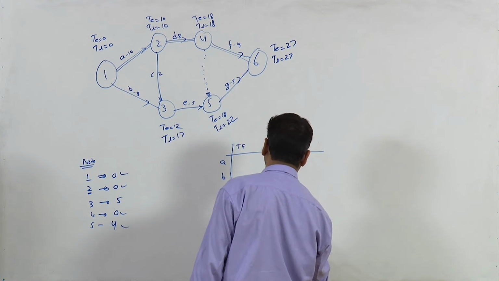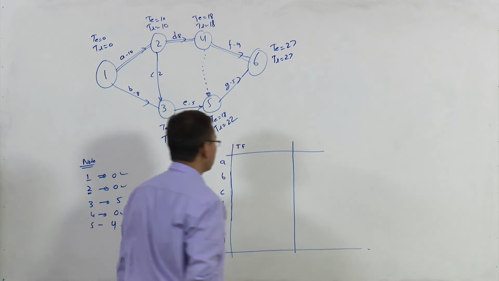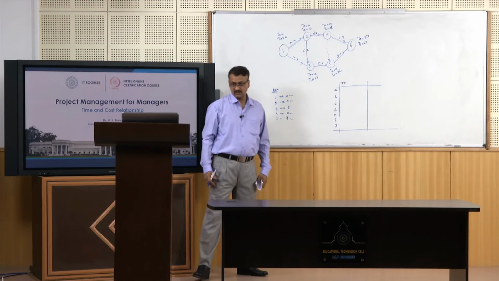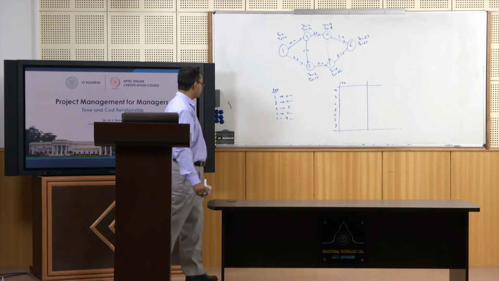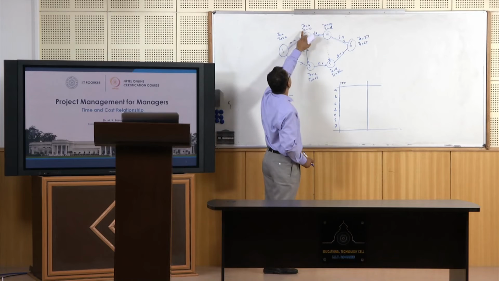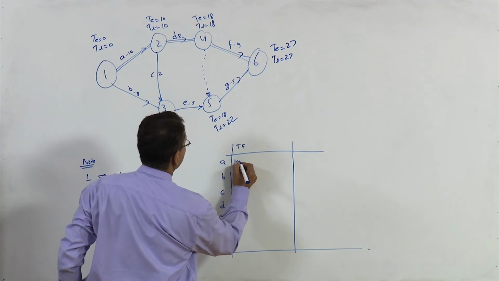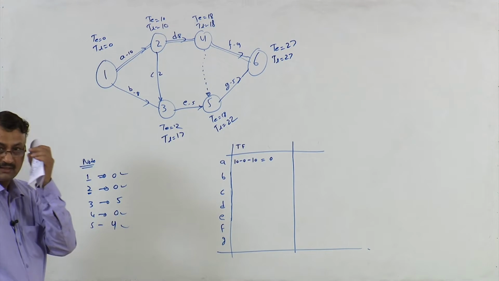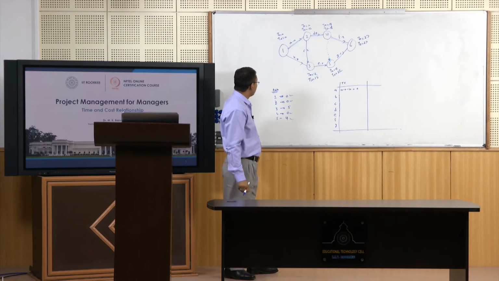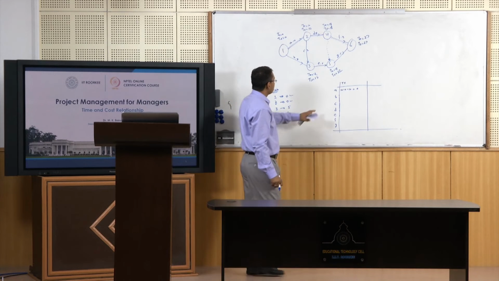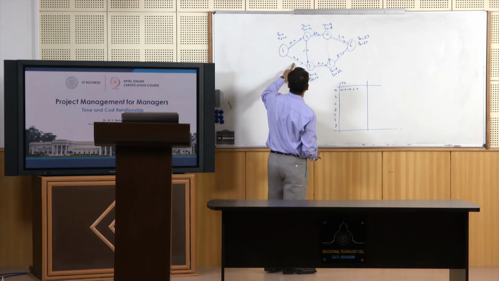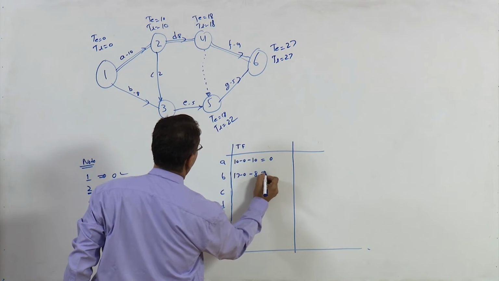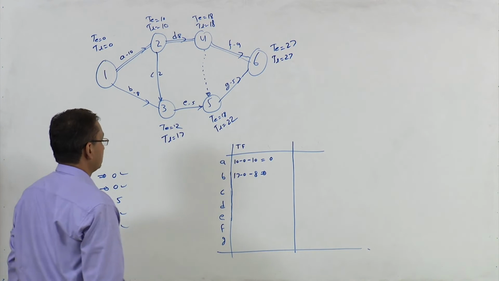Let us calculate total float first. Total float for activity A. We know that total float is TL minus TE minus duration of the activity. For activity A, 10 minus 0 minus 10, this is 0. For B, TL minus TE, 17 minus 0 minus 8, this is 9.